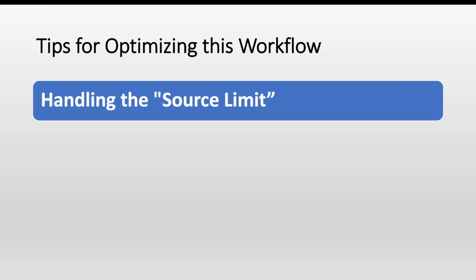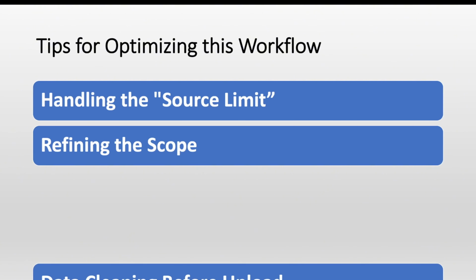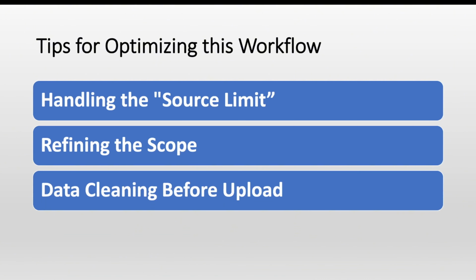Optimization means you need to understand that all these tools have some limits. Mainly, NotebookLM can handle 500 rows only. If you have more research articles, you can break them down into multiple sheets and work with each sheet separately. Refining your scope is important. Please refine what exactly you need in your quality assessment criteria.